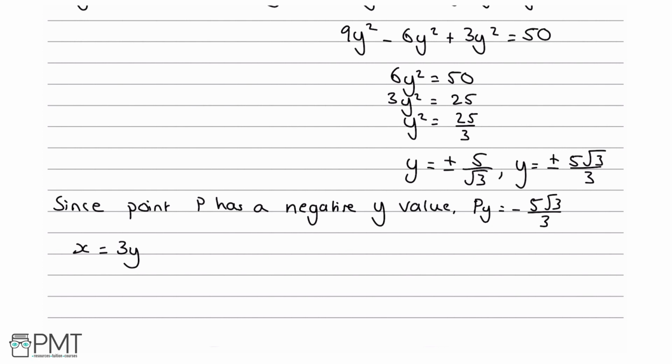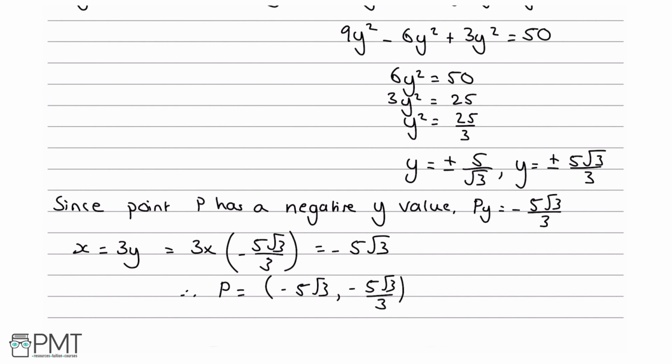So all we need to do is 3 times, in brackets, minus 5 root 3 over 3, and this equals minus 5 root 3. Finish it off by writing it nicely and neatly. We say, therefore, point P equals minus 5 root 3, comma, minus 5 root 3 over 3.